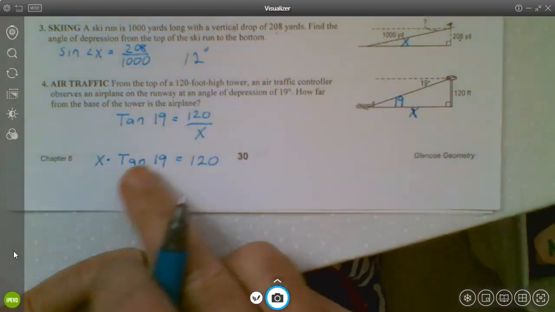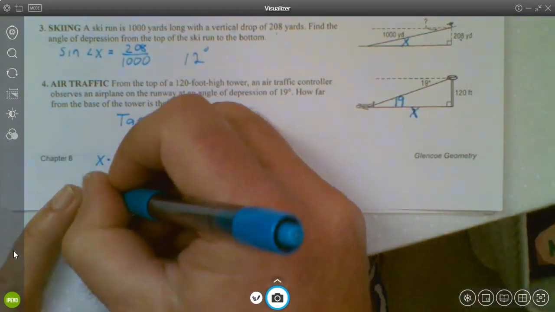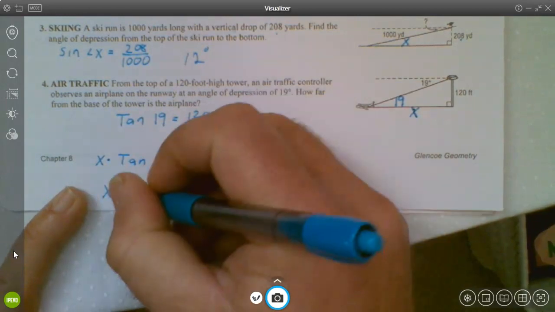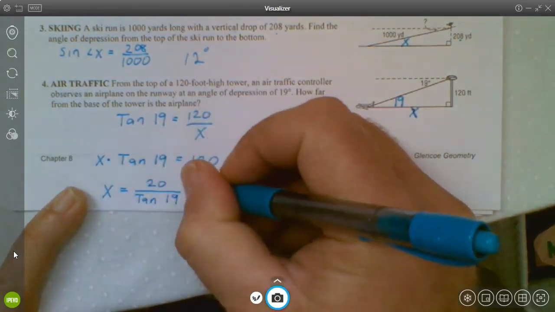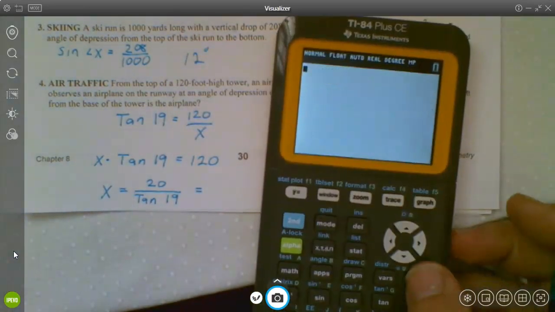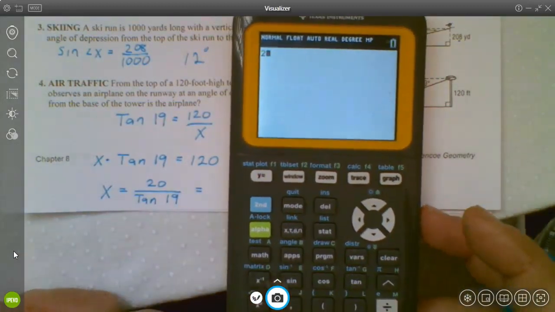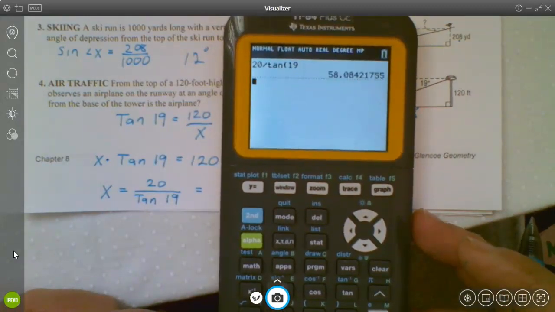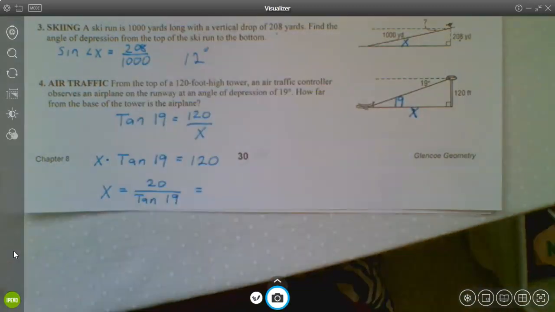And now to get x by itself, I divide this over to here. So in our calculator, we're going to have 120 divided by tangent of 19. That's all we have to type in. So about 58.1 feet.